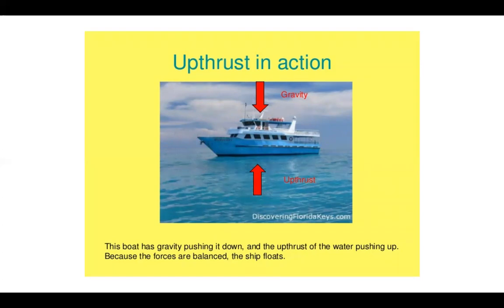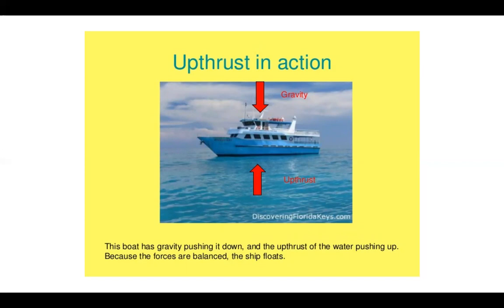If the gravity happens to be stronger, then the downward force is stronger, and the boat will sink. So it is important for these forces to be balanced in order for the boat to float. So the boat is built in such a way where the upthrust and gravity will be balanced.